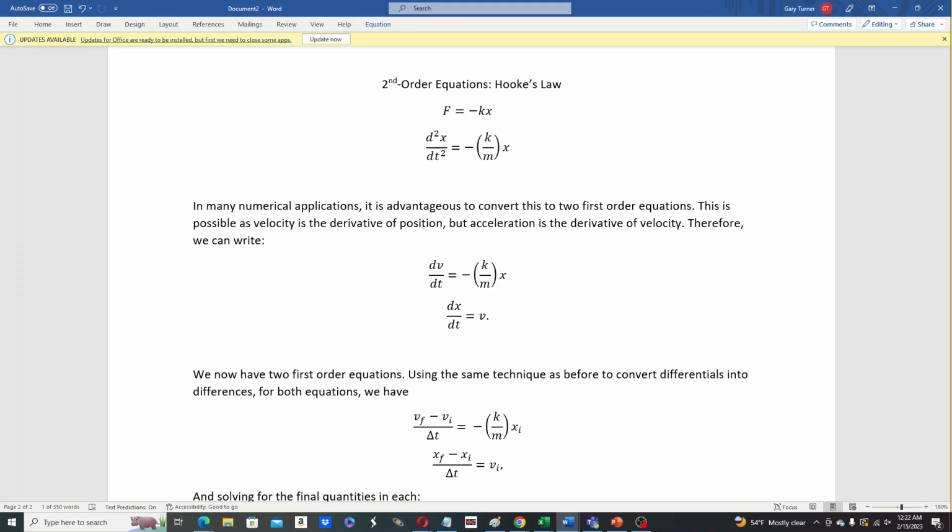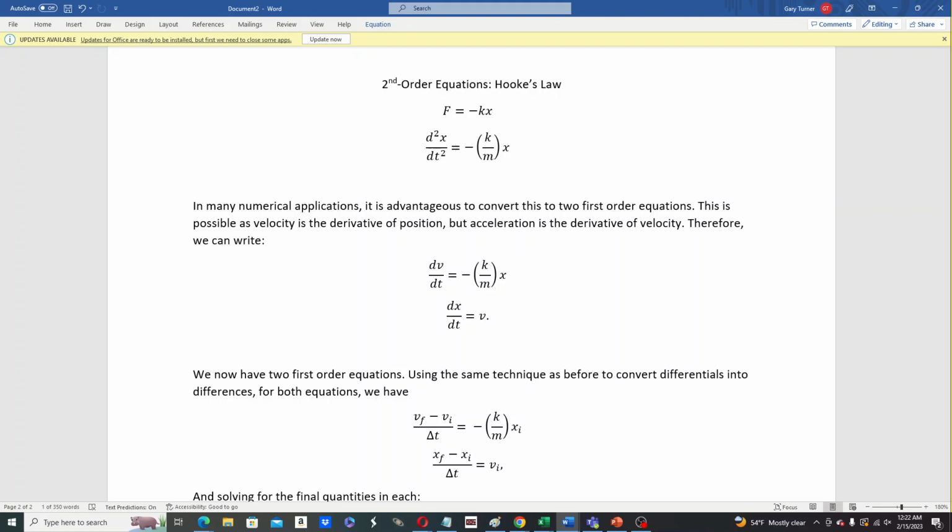So what we want to do to make this as advantageous as possible is to convert this into two first-order equations. We can do this because, of course, acceleration is the derivative of velocity with respect to time.